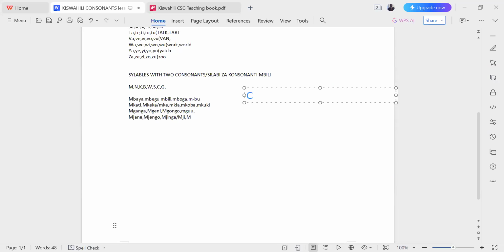So letter C has the word cha. The second one is che, then chi, then cho, then chu. Can you try cha, che, chi, cho, chu? It sounds like a bit of a song.